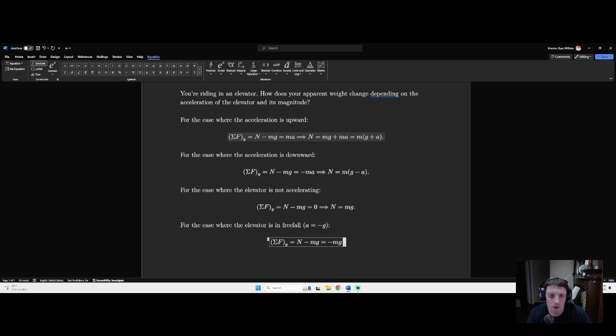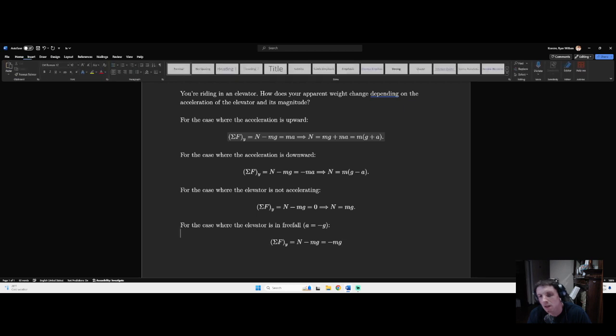I don't know if I like calling it negative g. Let me say a equals g downward, which will hopefully sidestep any confusion about the sign.